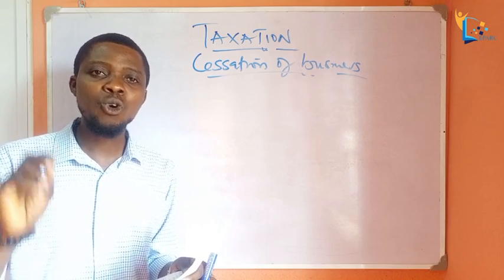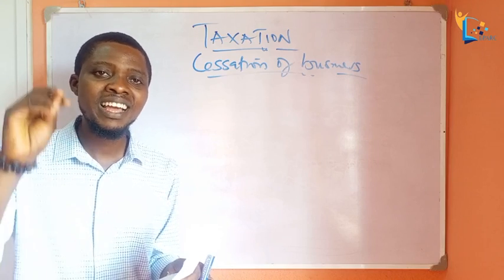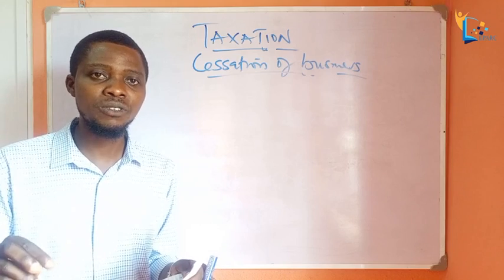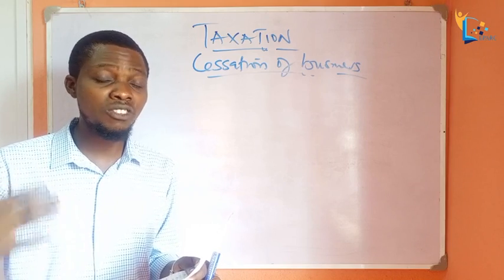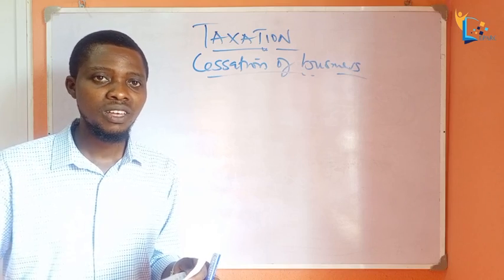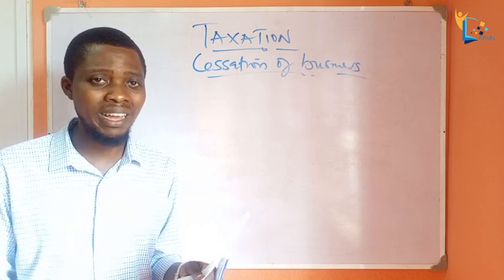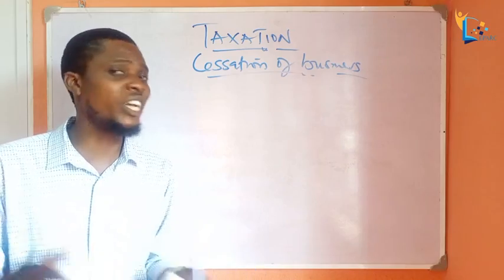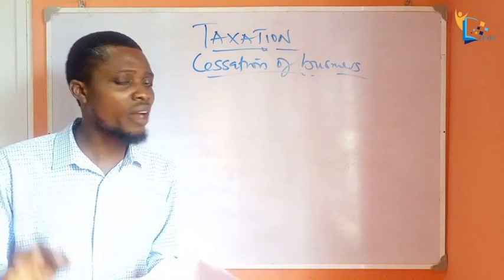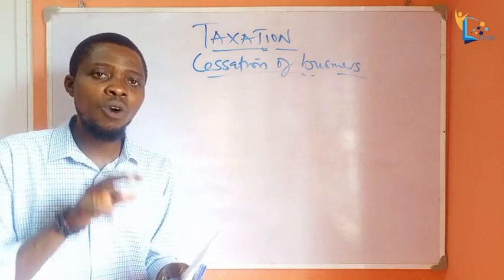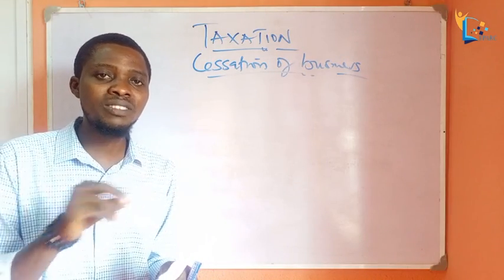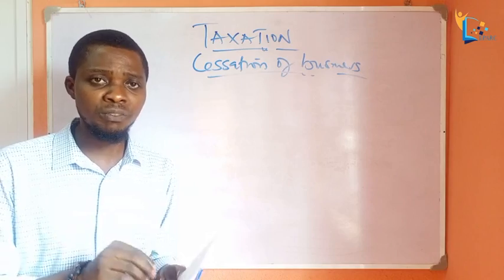Then lastly, you have to ascertain the accounting period. Every business makes up accounts every 12 months. It mustn't be January to December; it can be from any month to any other month. So for this one, we'll find out what the accounting period of this business is.